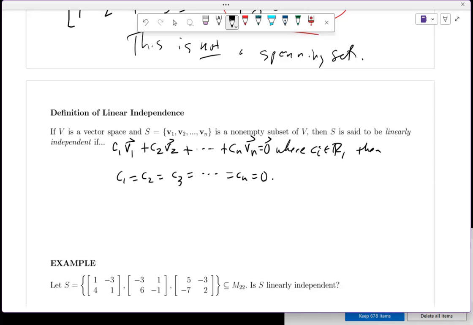Linearly independent means the only linear combination that gives you the 0 vector is to use zeros for your coefficients.